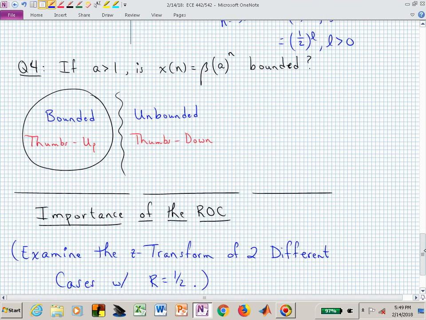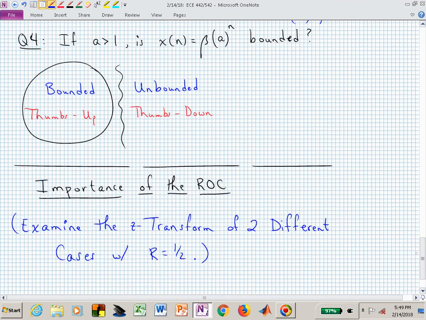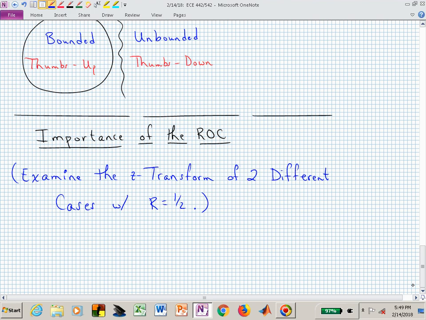Now we can get into the importance of the region of convergence, or let's now examine the z-transform of two different cases where those two different cases are influenced by a pole at 1/2, or capital R is equal to 1/2.